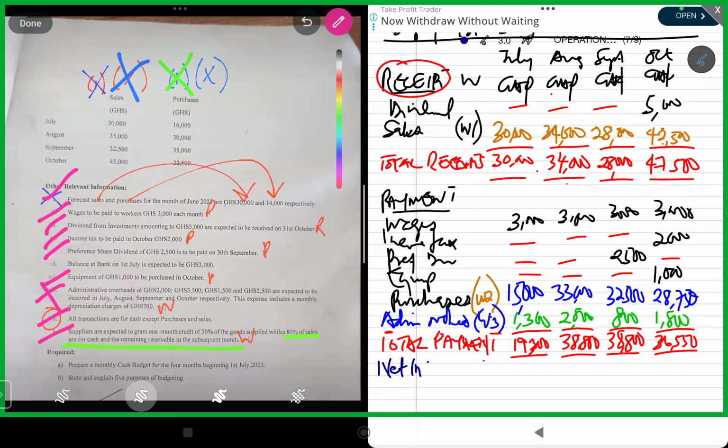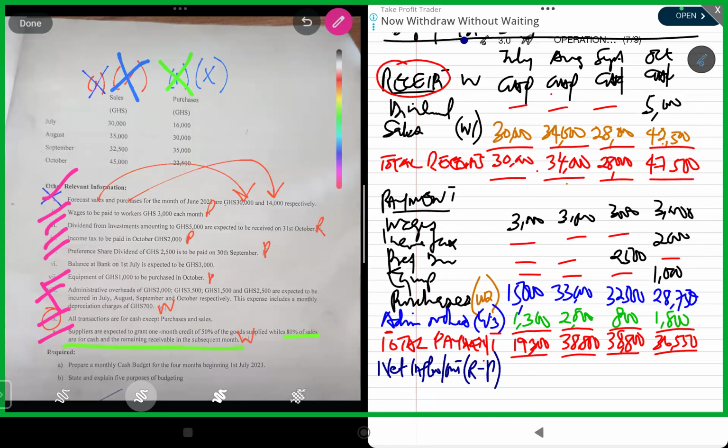Or I can say net inflow or outflow. That means it is the receipts minus the payments, R minus P. So I'll pick the receipts for each month, subtract the payments for each month, the balance. That's the net value. I'll write it over there.